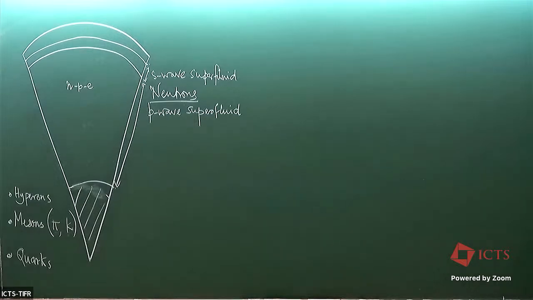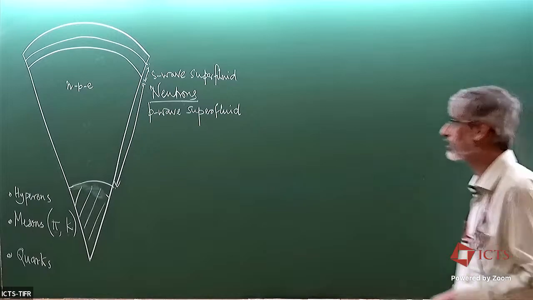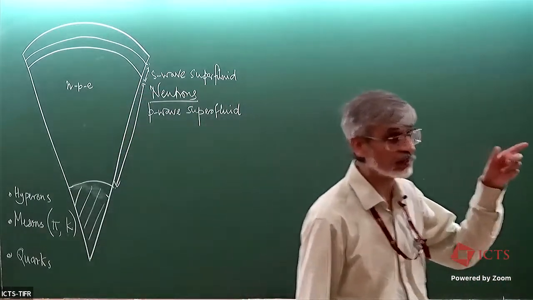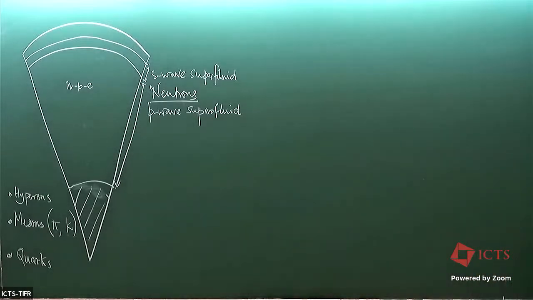So pairing will occur, except at those number densities the gap energy, or the energy of interaction between protons, is a little lower, because the average interproton distance is larger compared to the average interneutron distance.